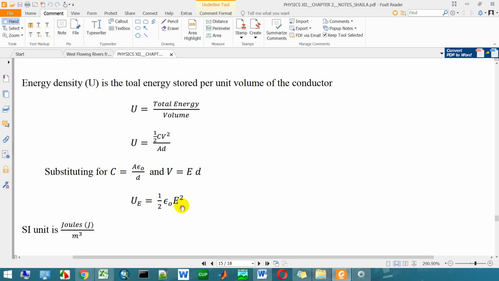So this is the energy density, energy stored per unit volume of the conductor. It is similar to half CV square, half MV square, half LI square. So see the similarity of the expression for energy.